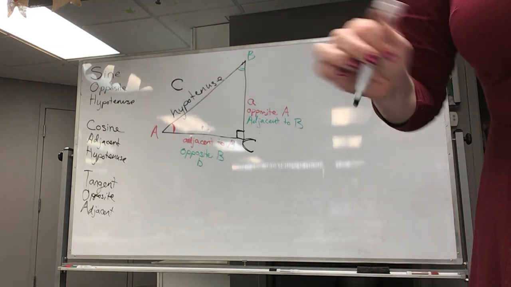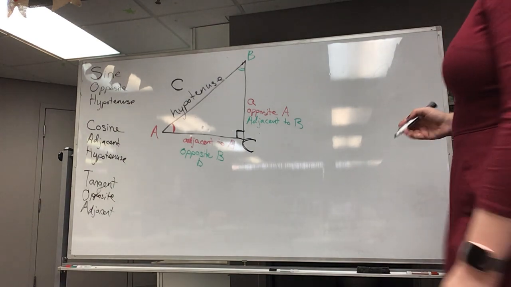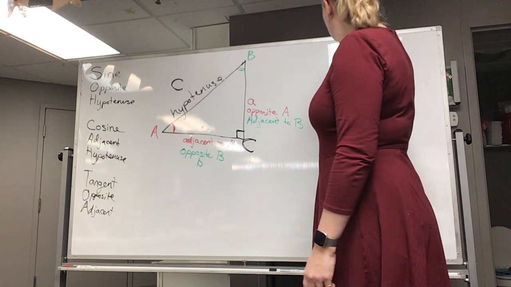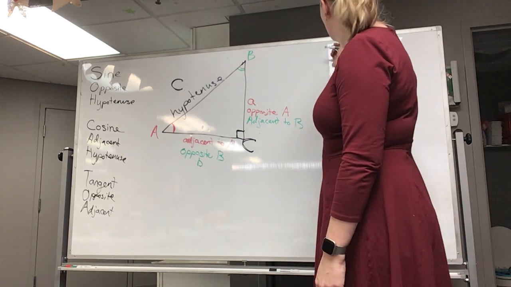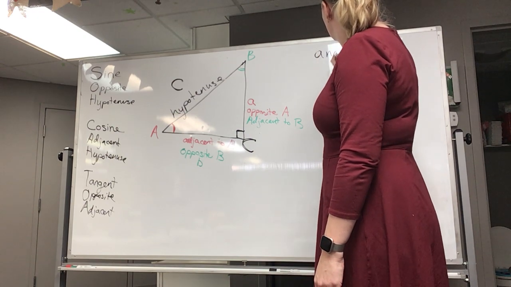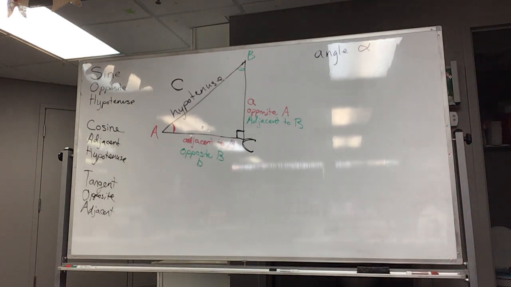All right. Second question, for an angle with the measure A in a right triangle, so we have angle, and the A is kind of a loopy A, it's a Greek alpha.